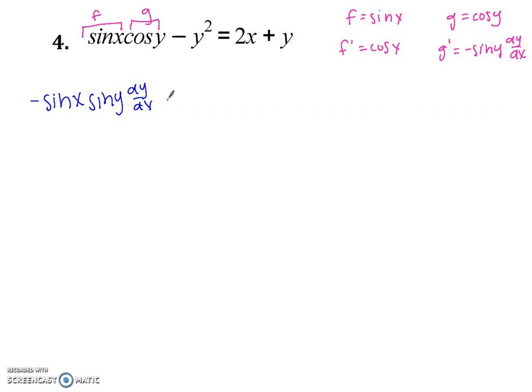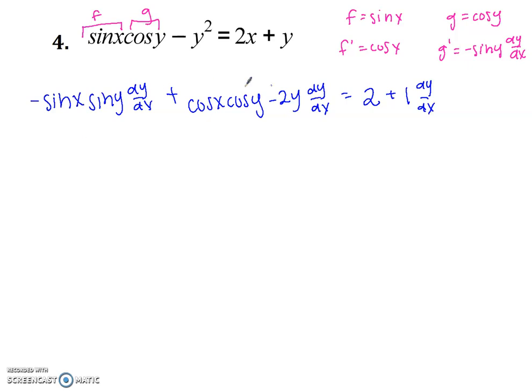So this is f g prime, then plus f prime times g, so that's cosine of x, cosine of y. Again, I can't multiply them together because they have different variables. Then minus 2y, so this is just regular derivative. That'll be dy/dx equals derivative of 2x is 2, derivative of y is 1. Tack on a dy/dx.